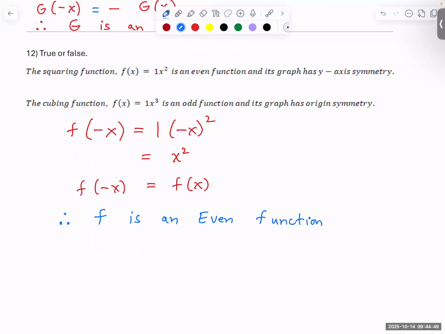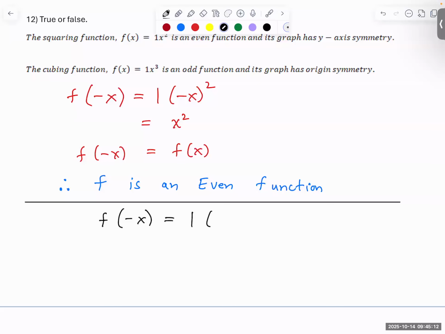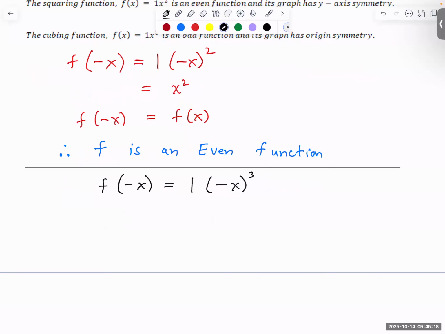True or false: the cubing function, y equals x cubed, is an odd function, and its graph has origin symmetry. Well, let's show that the definition is satisfied. The definition is, if we input negative x into the cubing function and simplify, negative x cubed, since 3 is odd, is going to be the negative of x cubed.